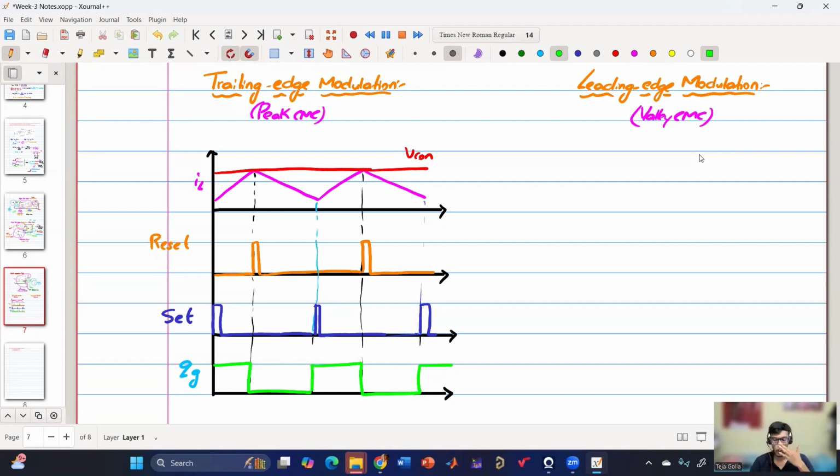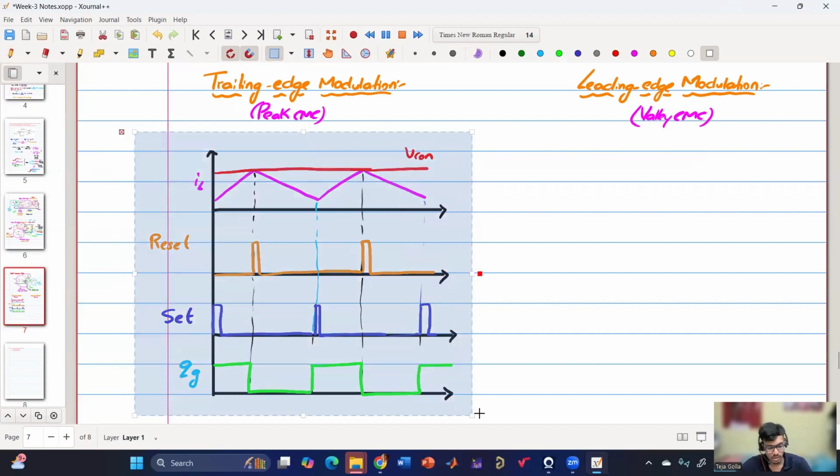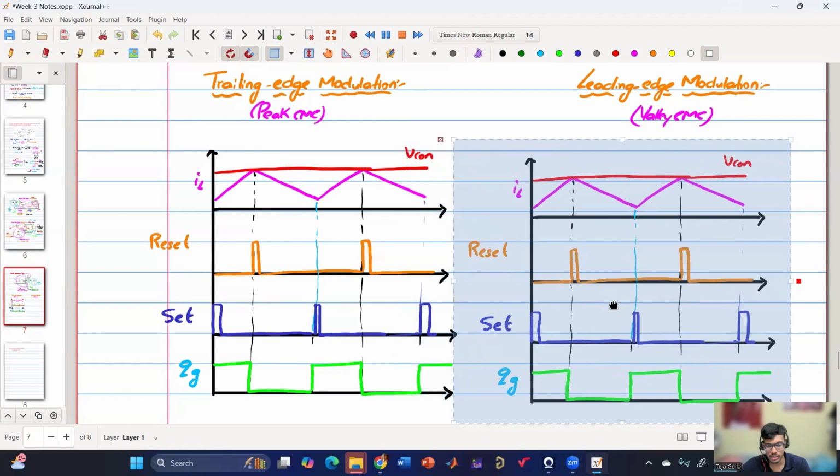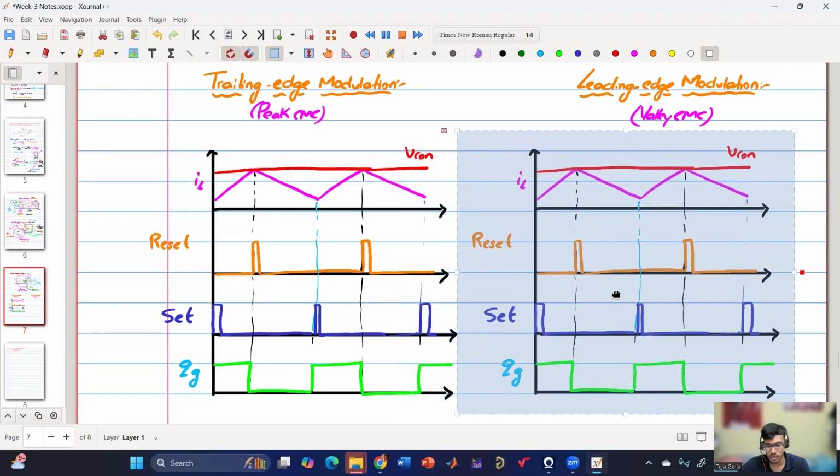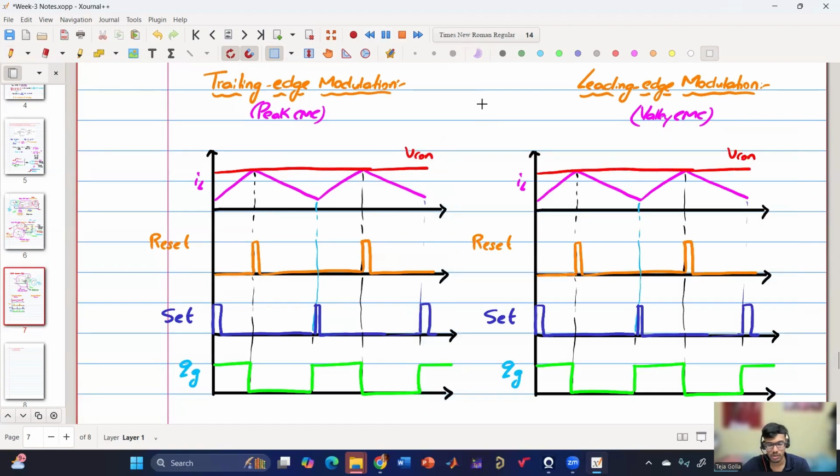Yes. Okay. So now I'll use the same figure so that we can correlate easily. Okay. So now there will be slight changes, of course. The control voltage will be at the valley.